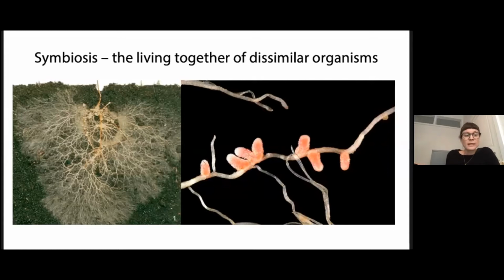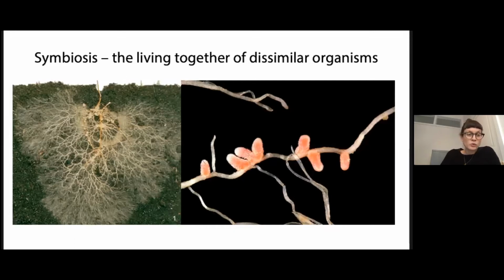So already a few years after Darwin published his main work, De Bary actually coined the term symbiosis as the living together of dissimilar organisms. Often we have a size difference, so we have a macroscopic host, so it could be an animal or a plant, and then we have some microbial symbiotic partners.